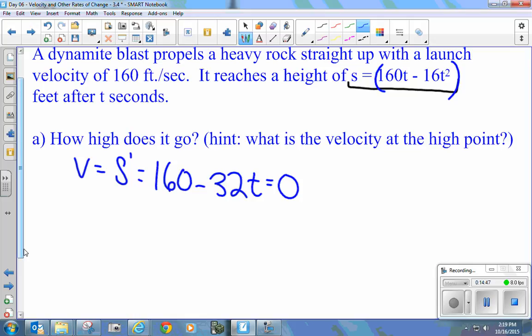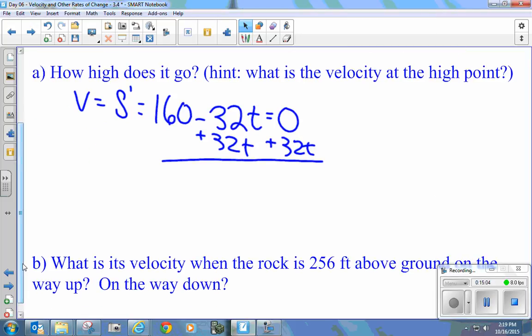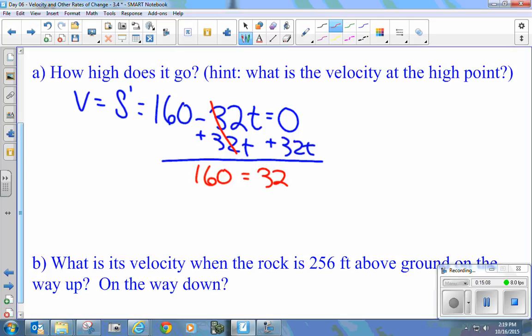I can add 32t to both sides. So this goes away. I've got 160 equals 32t, and what is the value of t? So, 5 is my time.